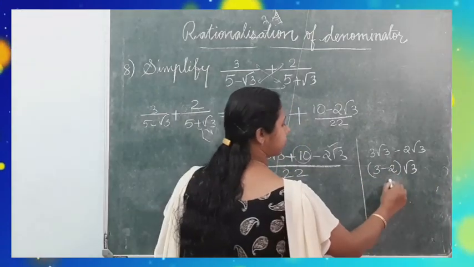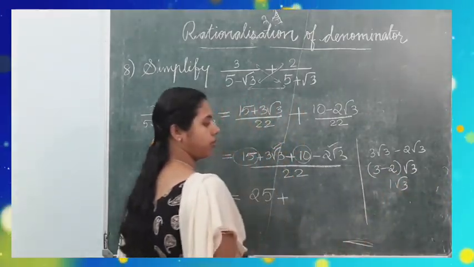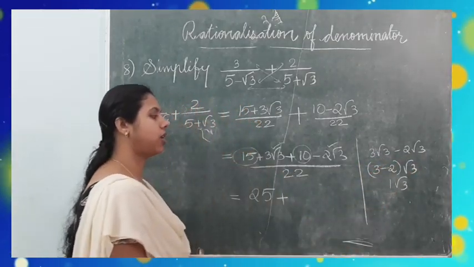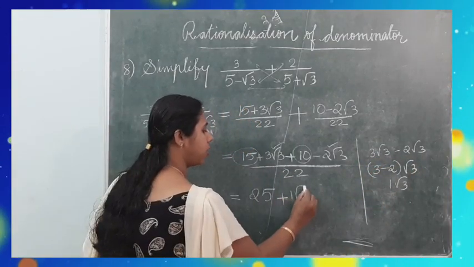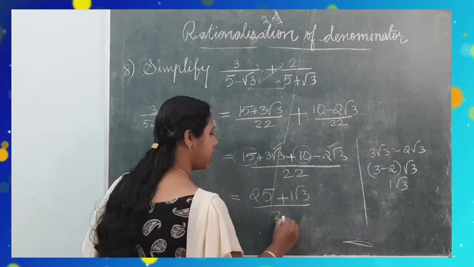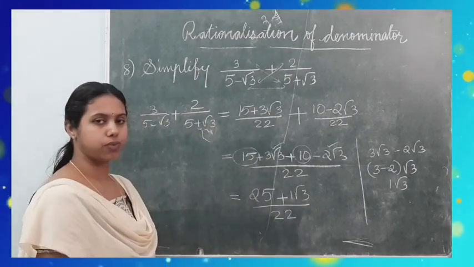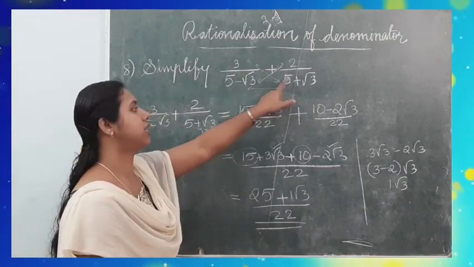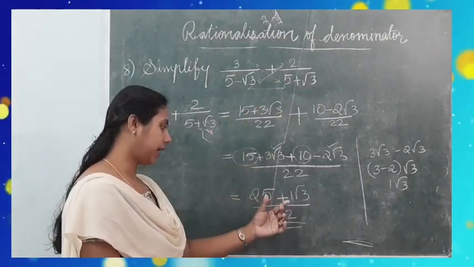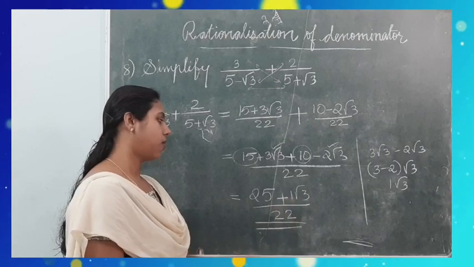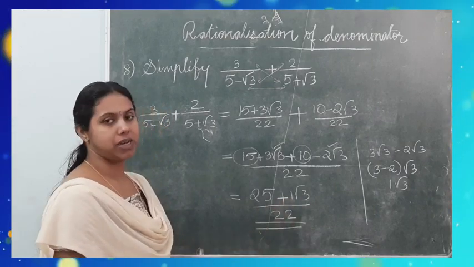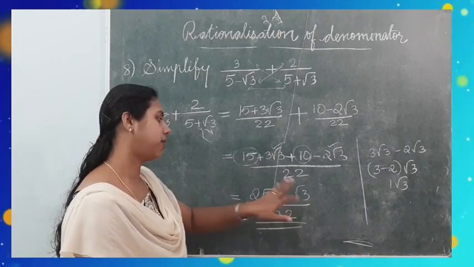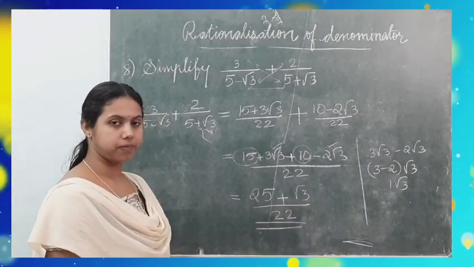What is 3 minus 2? That is 1 root 3. So 3 root 3 minus 2 root 3 gives 1 root 3, divided by 22. This is the answer: 25 plus 1 root 3 by 22. If it is 1 root 3, no need to write the 1, simply write root 3.